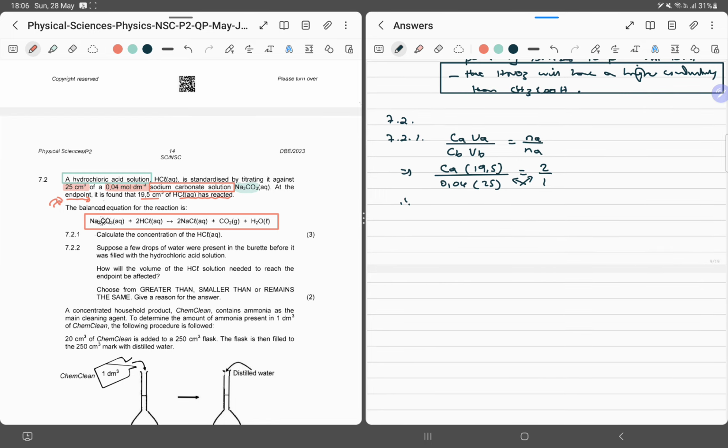Therefore, we can make a conclusion that the concentration of the acid is going to be equal to 2 into 0.04 into 25 divided by 19.5. Therefore, the concentration of HCl is that one. So let's do it. 2 into 0.04 into 25 divided by 19.5.